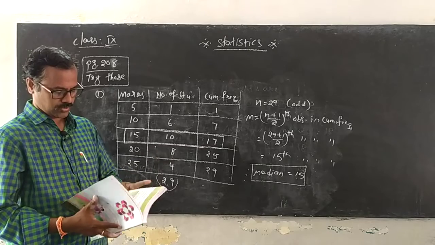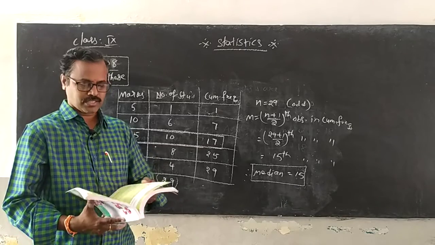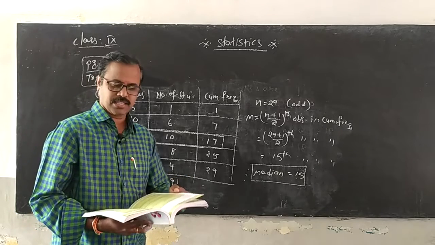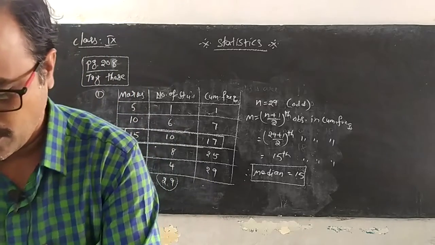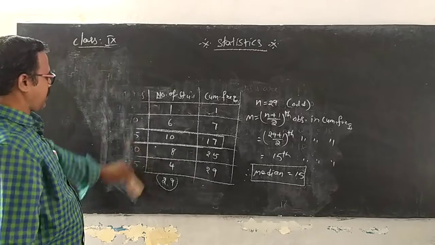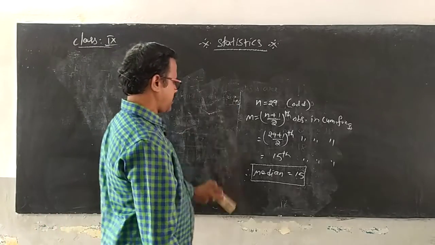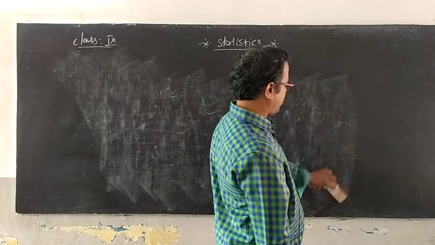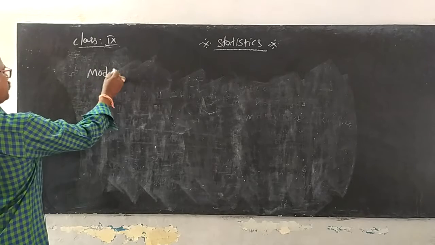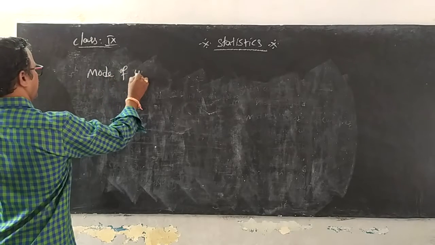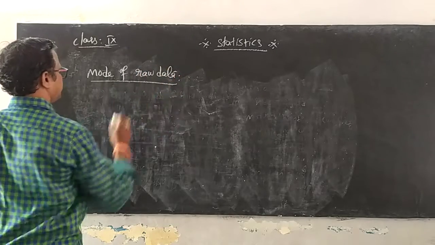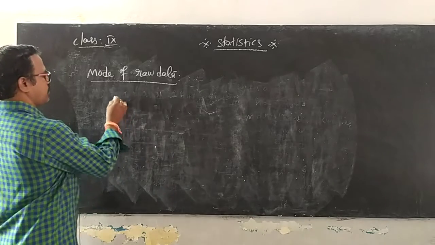Now we go to the next topic, that is mode. If I complete the mode, we can go into the exercise. Keep the side heading: mode of a data. Follow clearly, understand safely. Mode of raw data. So for raw data, what is the mode?